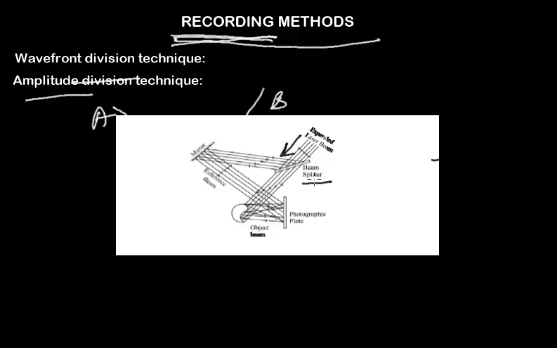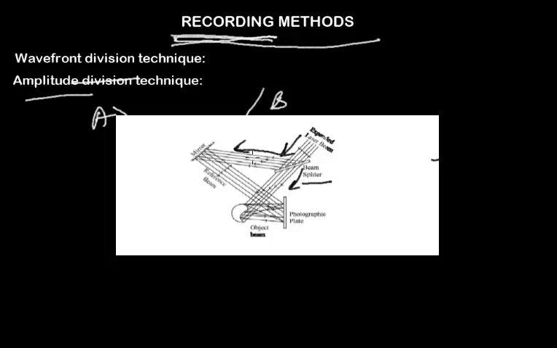We can see that this beam splitter has the property to reflect and to transmit both. So some part of the beam it will transmit and some part of the beam will get reflected.